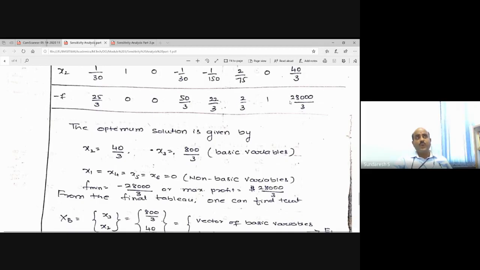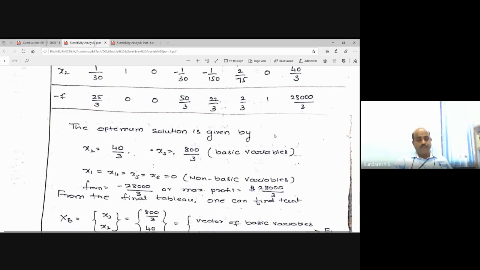We have to find out the values of x1, x2, x3, x4, x5 for getting the optimum values over here. So 28,000 by 3 is the maximum profit that you are going to get.